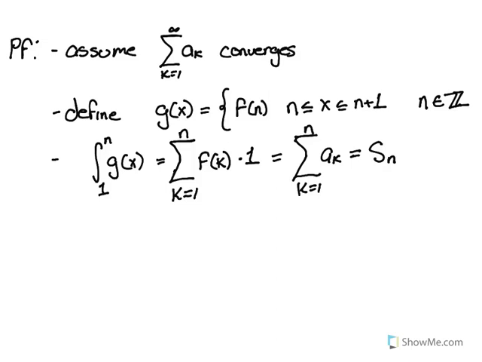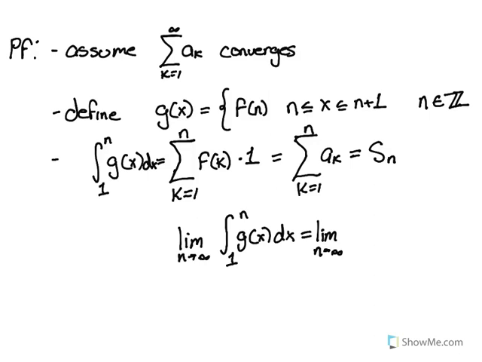So now if I take the limit of both sides of this equation, I get that the limit as n goes to infinity of the integral from 1 to n of g of x dx is equal to the limit as n goes to infinity of S_n. And we know that the series a_k converges.